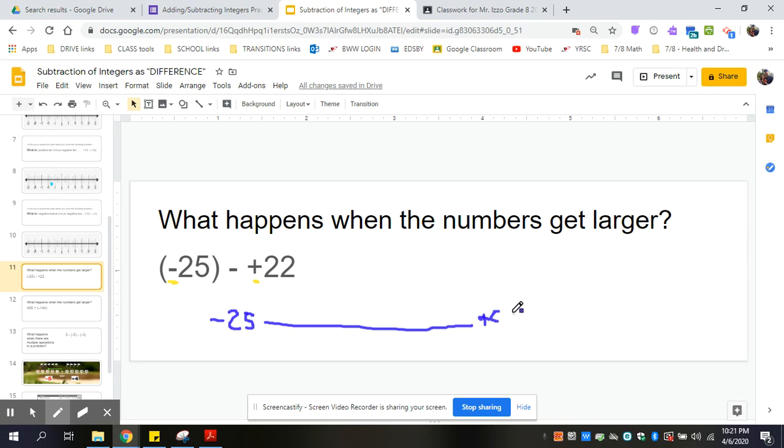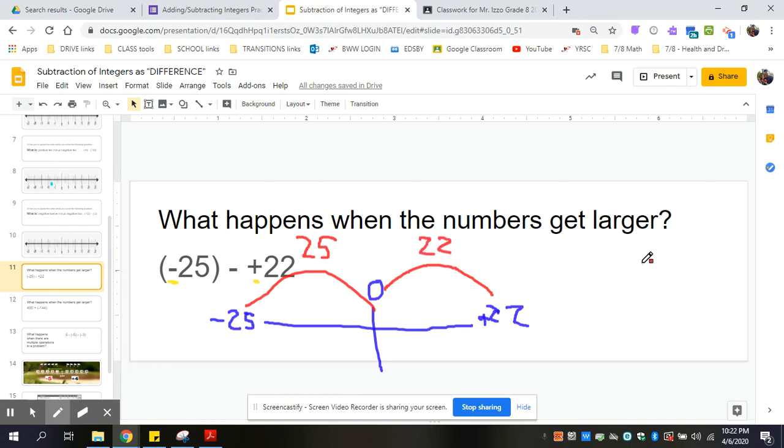Sorry, I'm trying to draw these numbers and it's not working too well, so I apologize for that. We got negative 25 on the left, positive 22, and right in the middle-ish somewhere we've got the number 0. So you need to know what it's going to take you to get from negative 25 to 0. That's going to be 25. And you're going to need to know what it's going to take to get from 0 to 22, which is 22.